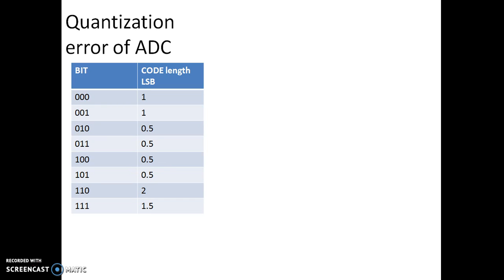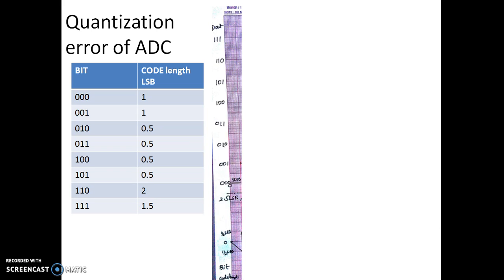So let us go bit by bit and try to find out what the code length is. We are considering the first code, that is 000. So we are assuming a code length of 1. Here this is actually half LSB, but effectively it is 1 LSB, because we are taking 0 as the reference, and another half LSB will be there before this 0.